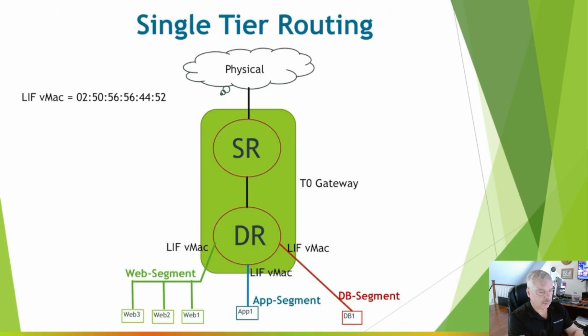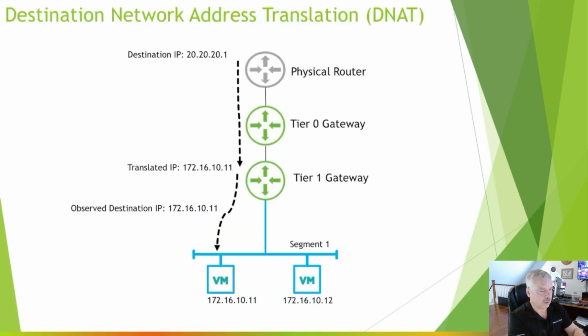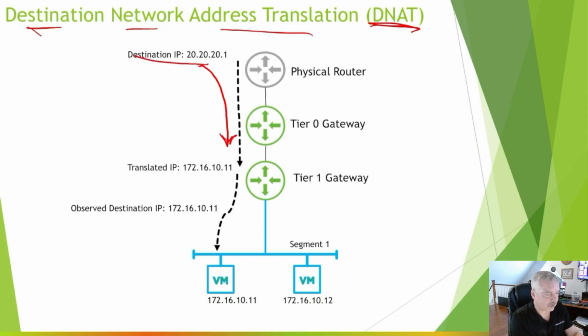Destination NATing is the opposite. Destination network address translation is we got traffic coming in, okay? Now, again, I'm going to be doing this on my Tier 1 gateway. So traffic coming in, let's say the traffic's going to 20.20.20.1, whatever the address is. What destination NATing is going to do, it's going to look at that layer 3 packet and look at the destination address.